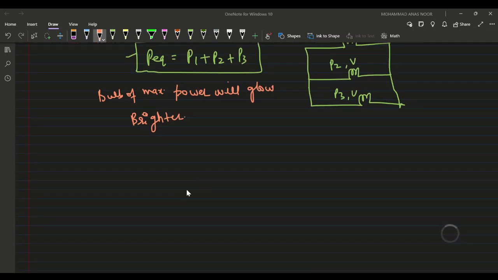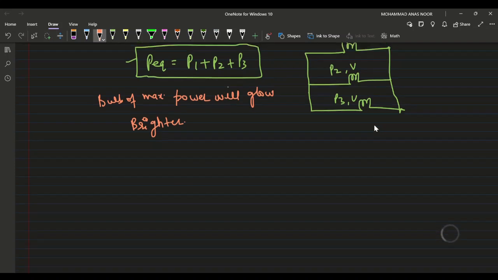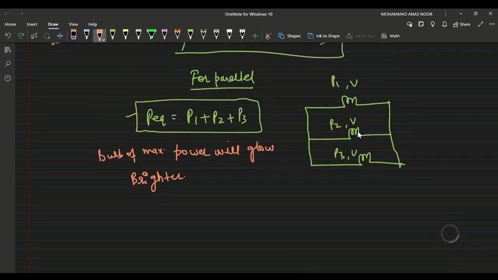You can see in your homes, different bulbs are connected in parallel. In homes, there is no series connection. Whatever connection is there, everything is in parallel. For example, kitchen bulb, washroom bulb, everything is in parallel.